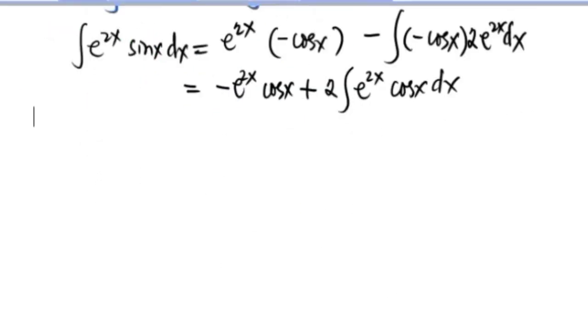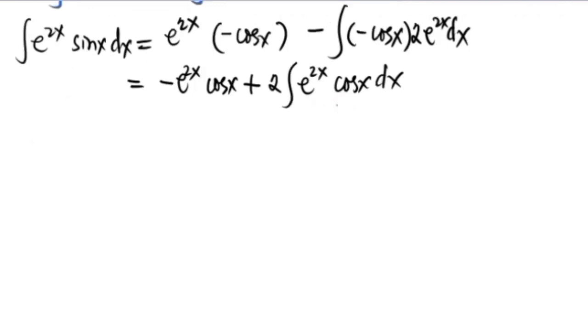So another integration by parts dito sa second term natin. To be consistent, since kanina nilet natin yung exponential na part na yung u natin, therefore this part here is your dv. So, magkakaproblema tayo pag pinagpalit natin to.